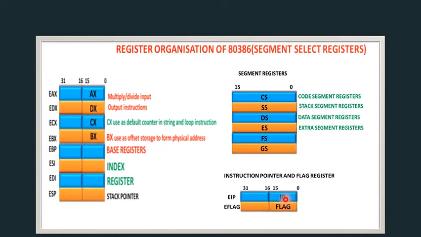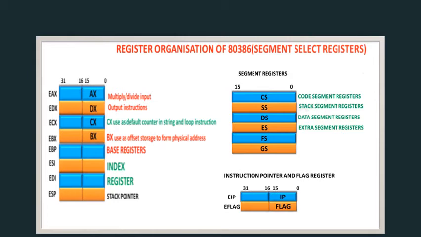So besides these 32-bit registers, the 80386 also provides two new 16-bit segment registers, FS and GS. The FS and GS registers are additional extra segment registers which allow access of 6 different segments in memory without reloading a segment register.